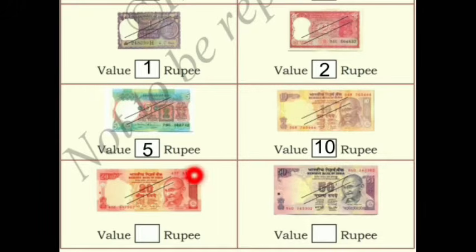Next we have this note. Which note is this? Yes, this is a 20 rupee note. So this value is 20 rupee. Next we have this note. Which note is this? Yes, this is a 50 rupee note. So this value is 50 rupees.